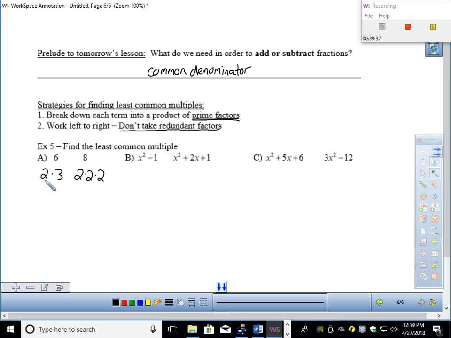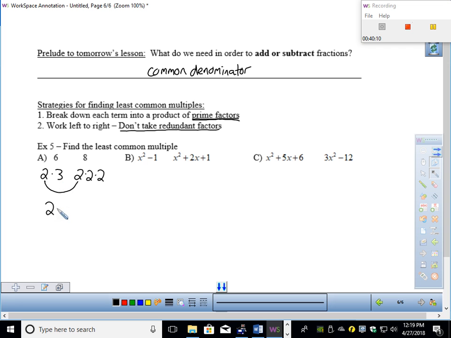And if I see a number that happens to be in both lists, then I'm going to tie it together as a common factor. And I don't want to include it twice because that would be a redundancy. I just want to include it once. So the 2 in this list is the same as the 2 in that list. So I tie them together and I take it. There's the 2. So there it is, taken.